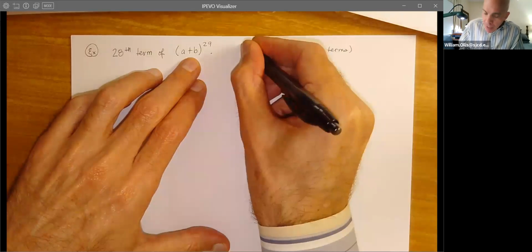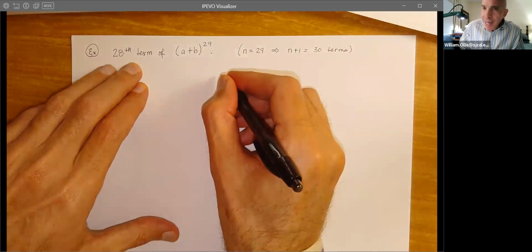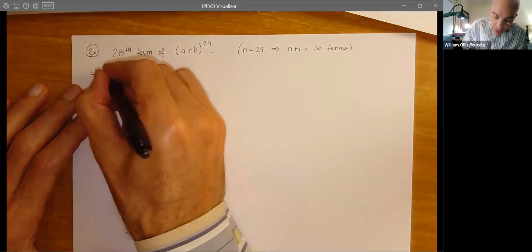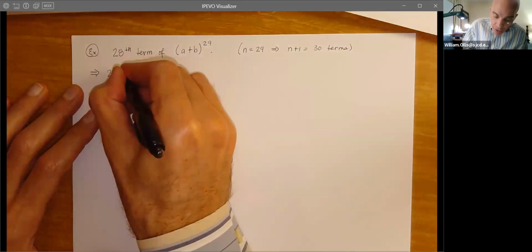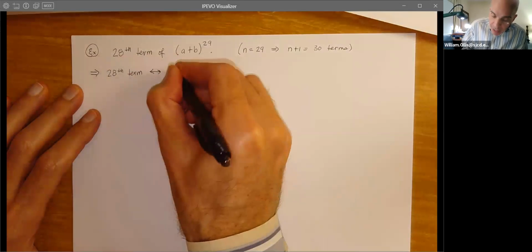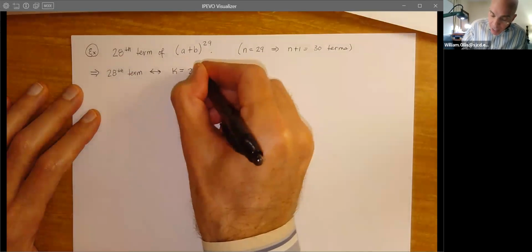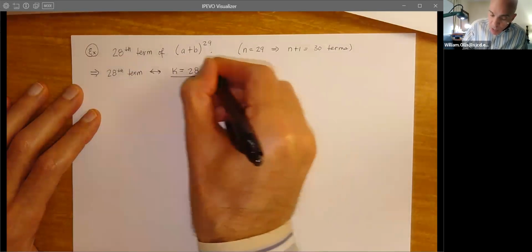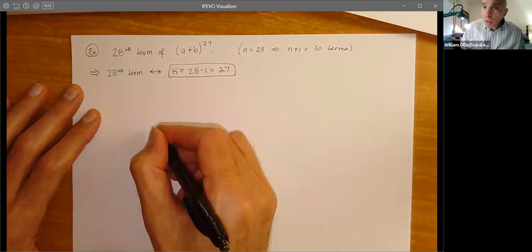All right? So we start with k equals 0. So this implies the 28th term corresponds to k equal 28 minus 1, or 27, because our sum starts with 0 using the convention.